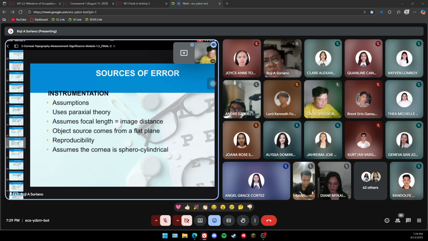Once trial one is taken, you are most likely to have a deviation for trial two. Agree, disagree? Thumbs up means agree. Yes? All right. And it assumes the cornea is a spherocylinder.